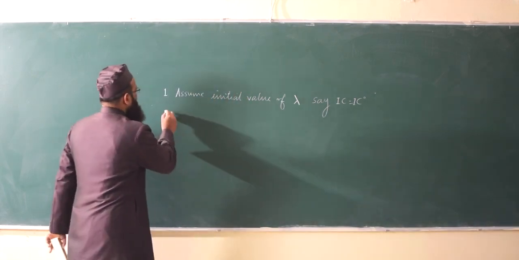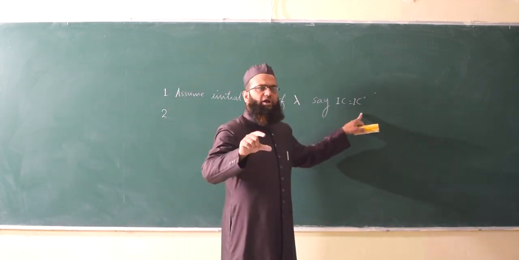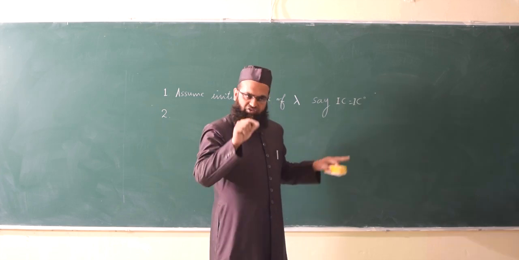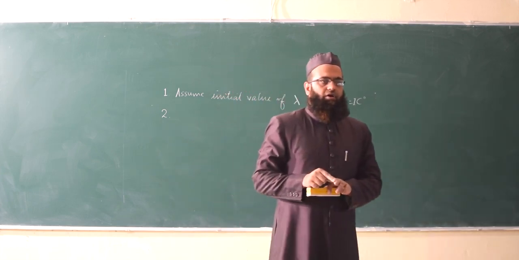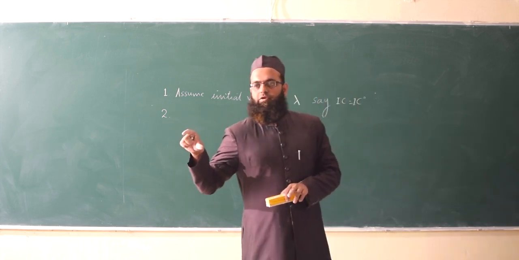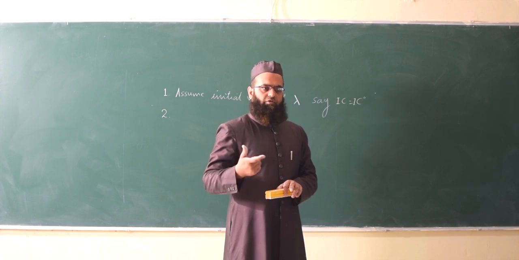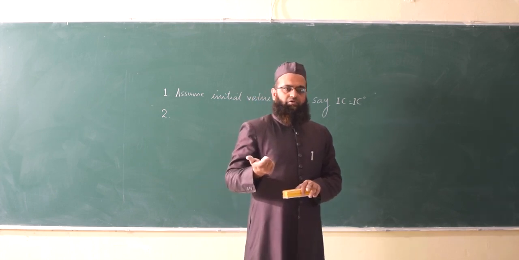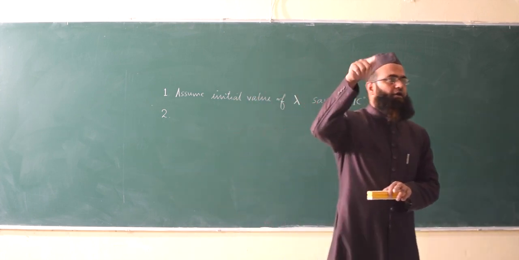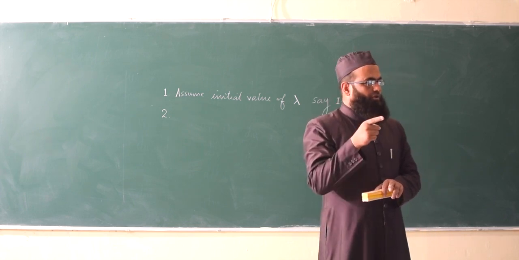Next, corresponding to that assumed value, in brackets you may write lambda, the assumed value of lambda should be greater than the largest intercept of various units. You know intercept, y-intercept, right? See equation 1, di. What is that di? Intercept, right?